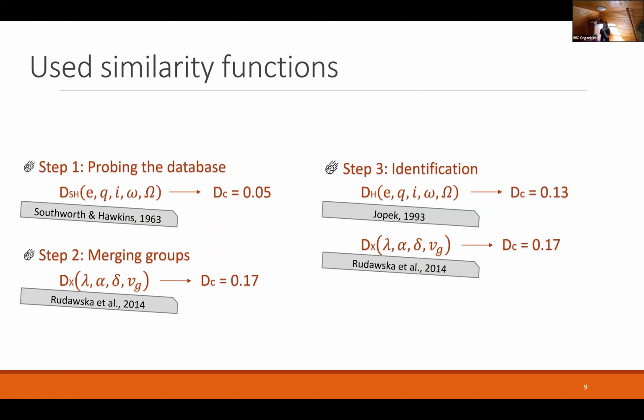In the second step, it was the geocentric similarity function, again introduced by Rudavská et al., with the value 0.17. And in the third step, there was a combination of a Jopek criterion, which is a modification of Southworth and Hawkins, with the threshold value of 0.13, and again the geocentric similarity function.